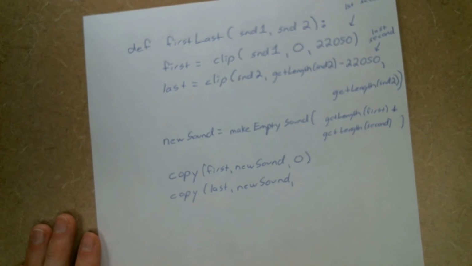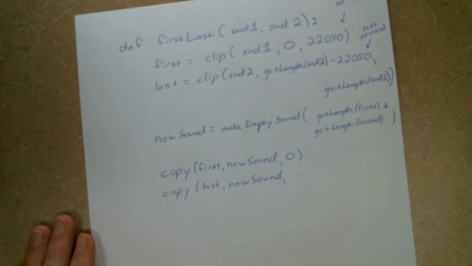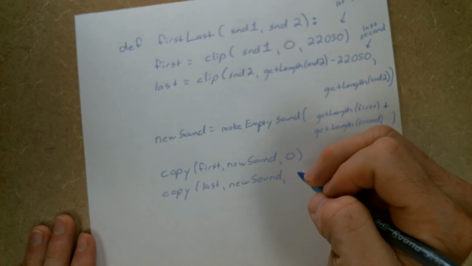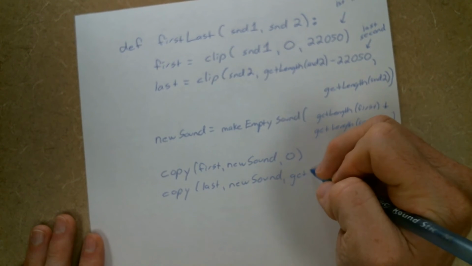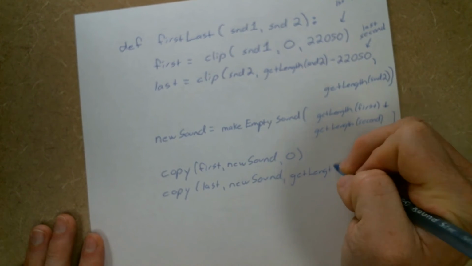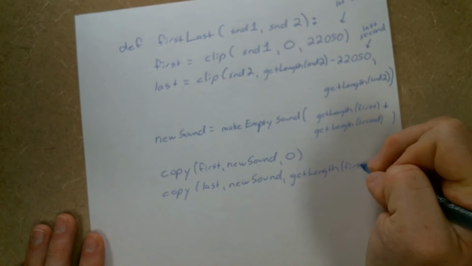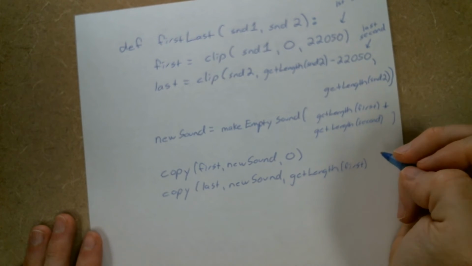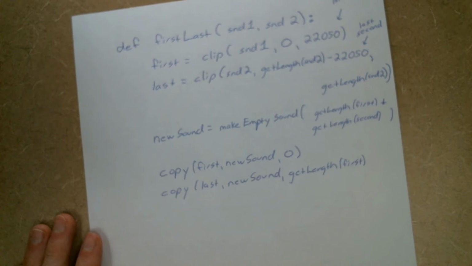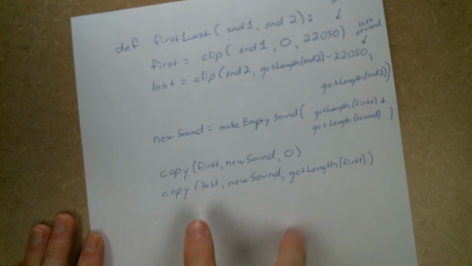Instead of starting at 0, I could just type in 22,050, but I'll be a little more sophisticated and say get length of first, so I'm starting the second one where the first one ends. Then a parenthesis to close my copy.